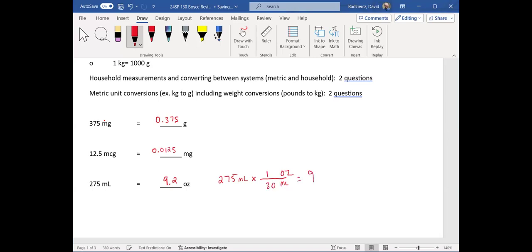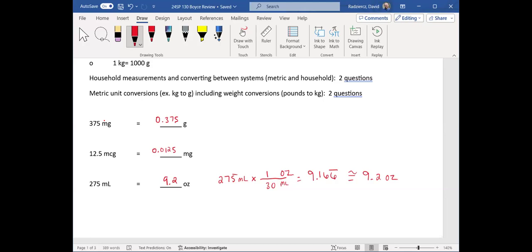And then I'm going to get 9.166 repeating. Okay. Because it's a number greater than 1, you're going to round that to 9.2 ounces.